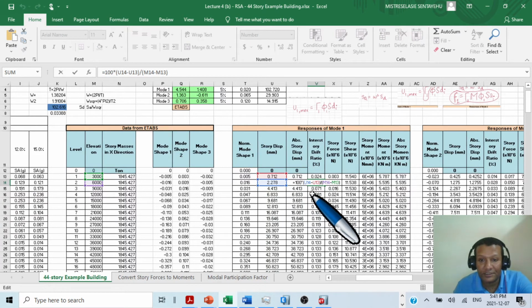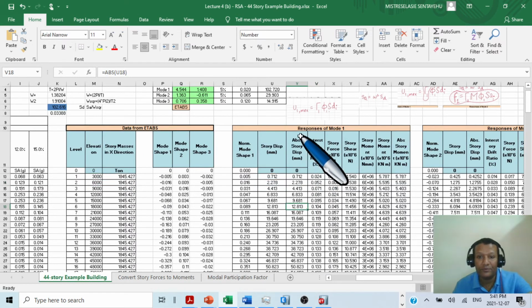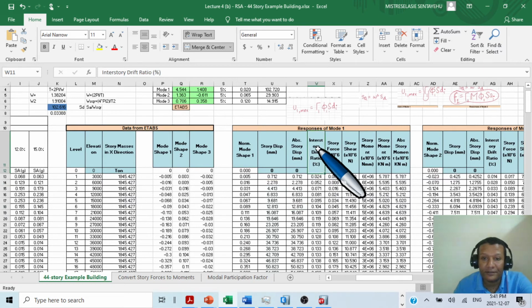So as you can see here, U14 minus U13, upper minus lower over story height, this minus this. So in this way we can find the absolute drift. Then absolute story displacement, then inter-story drift, then story forces.